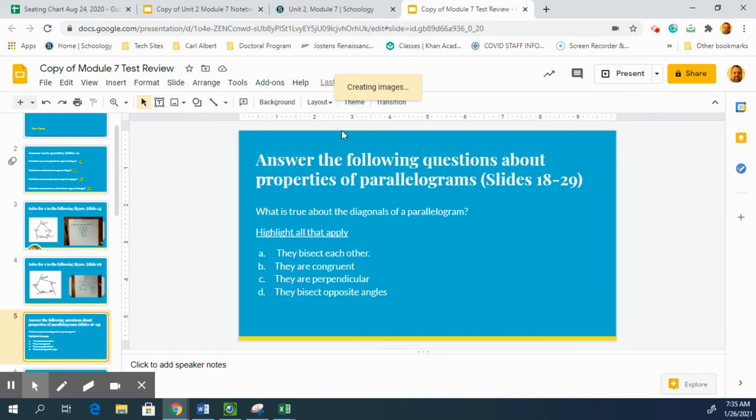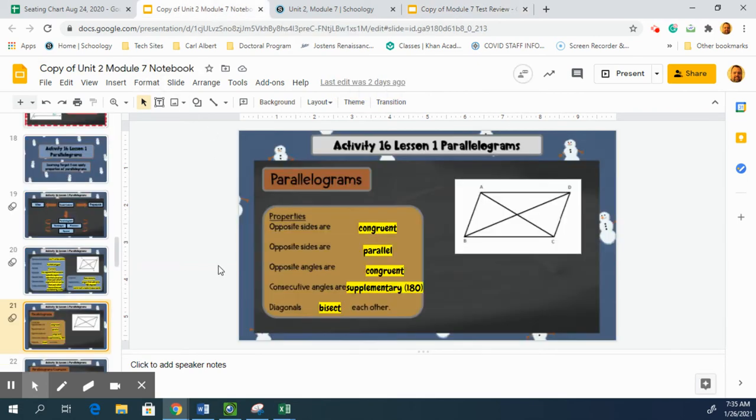The first question says, what is true about the diagonals of a parallelogram? Highlight all that apply. They bisect each other. They are congruent. They are perpendicular. They bisect opposite angles. Looking at the notes, the only thing involving diagonals that is listed in the properties of a parallelogram is that the diagonals bisect each other.